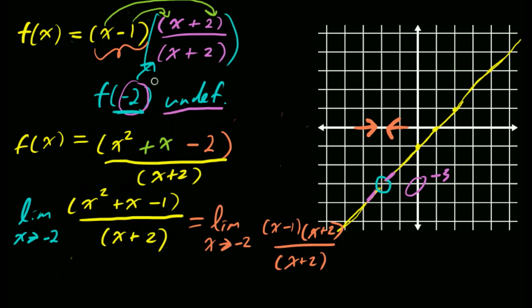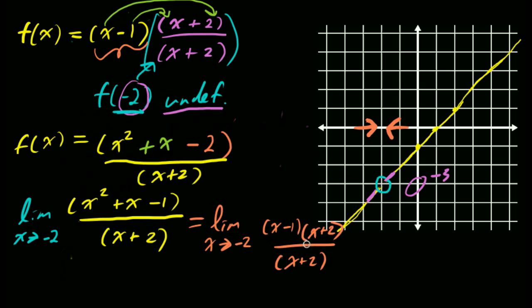And here, keep in mind that when we defined our function f of x as (x minus 1)(x plus 2) over x plus 2, we know that minus 2 has got to be undefined on that function.